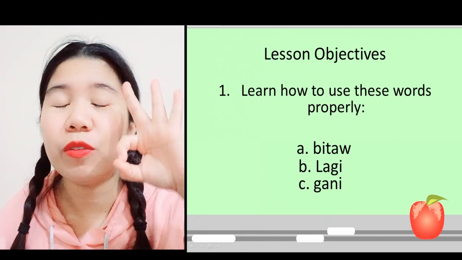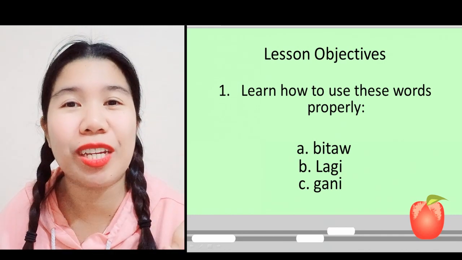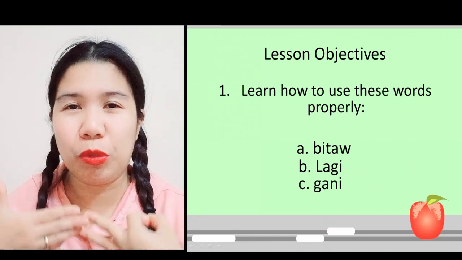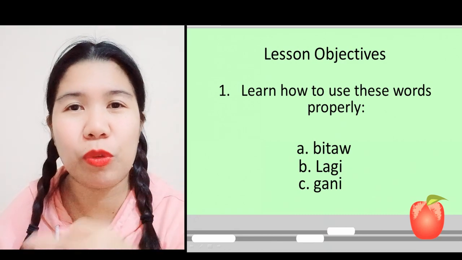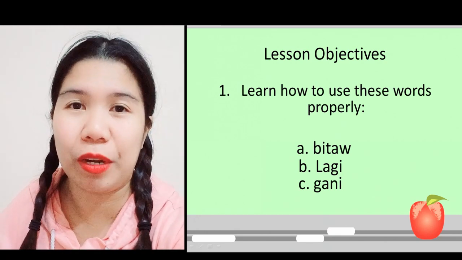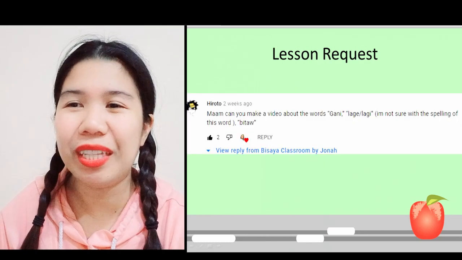Three very simple words, and you can add them to your conversations, and your Bisaya way of speaking would really improve. You would really sound like a native Bisaya speaker if you add these in your sentences or in your vocabulary. By the way, this lesson is requested by Hiroto Kun.